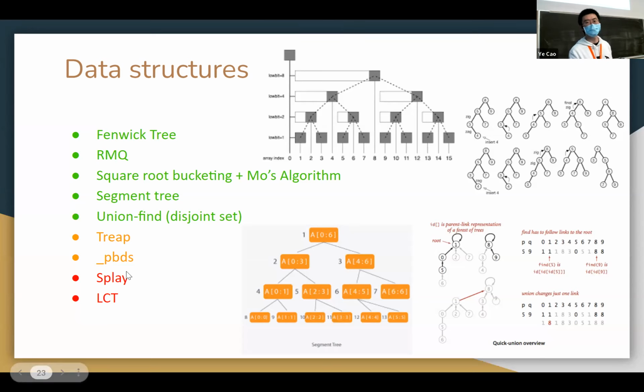Or you can just simply use what we call the policy-based data structure. That's something in the C++ library that allows you to not only implement the set, but also query what's the kth largest element from the set. You can do order statistics with PBDS.